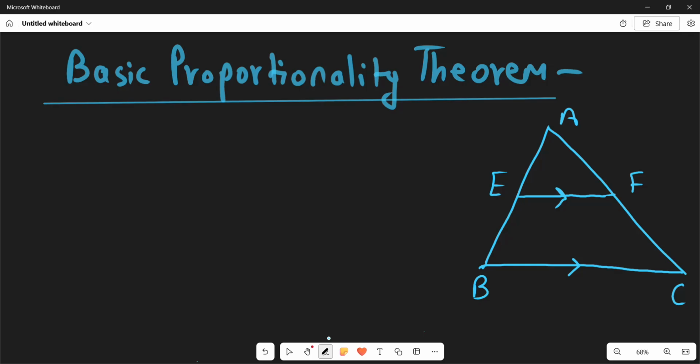Basic proportionality theorem, also known as Thales theorem, or BPT.